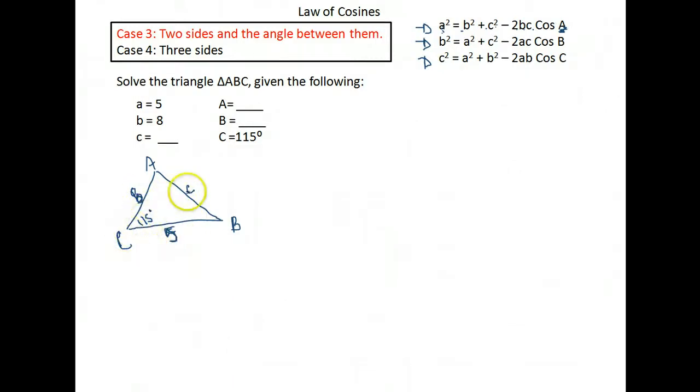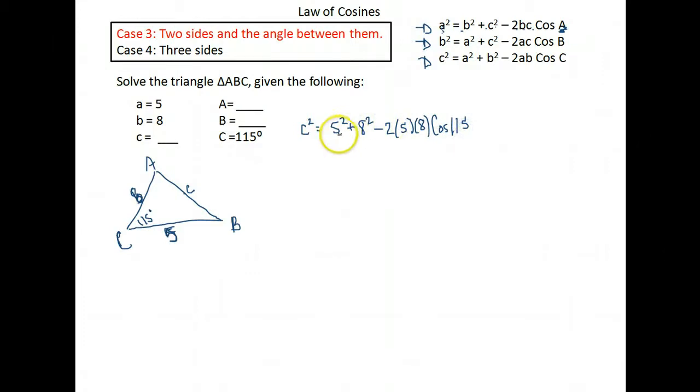Here, this is the side I need to find, so I'm going to have that side squared, c squared, equals the other two sides squared and added together, so 5 squared plus 8 squared, minus 2 times those two sides again, so 2 times 5 times 8, and then times the cosine of our angle, which was 115.